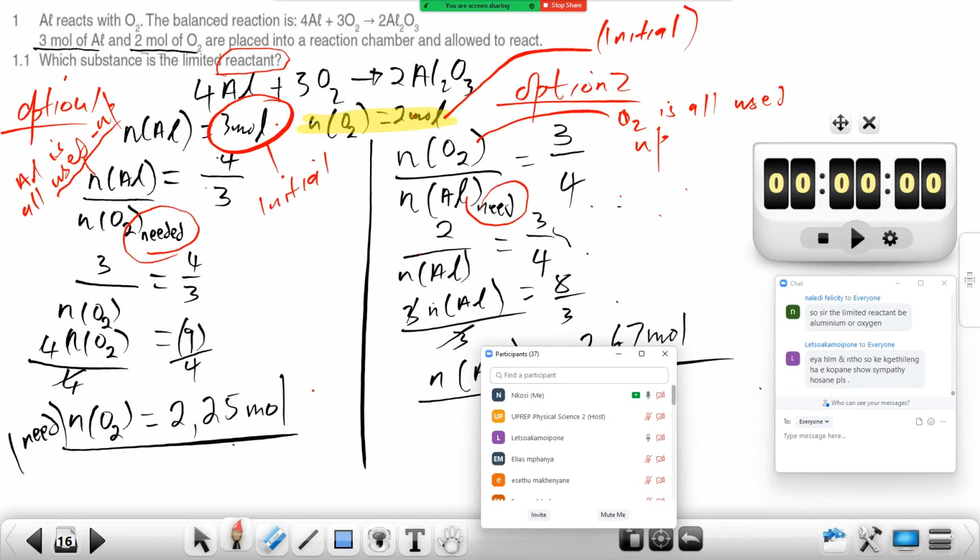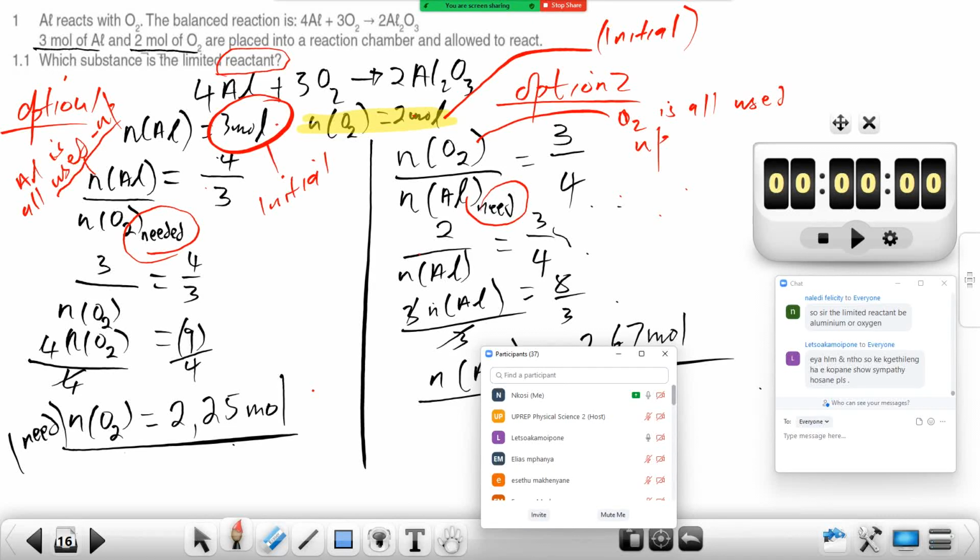Next time somebody will say, if I have 25 grams and 50 grams, then because 25 is smaller than 50, 25 must be the limiting reactant. It's not true. That's not how it is.